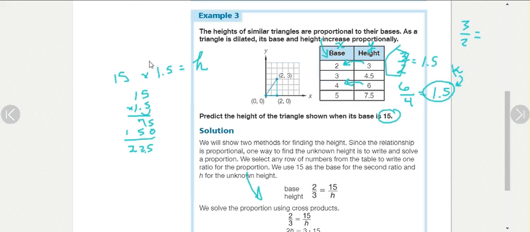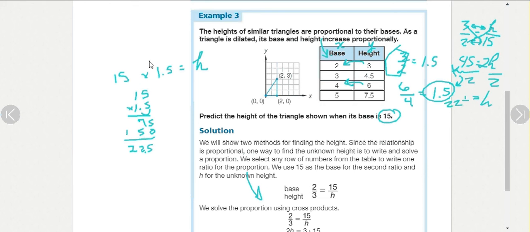If I do 3/2, then 15 goes on the bottom, because we want our heights to be across from each other, and our bases to be across from each other. So we cross multiply. 15 times 3 is 45 equals 2 times h is 2h. Divide 45 by 2. H, I think, is 22.5.